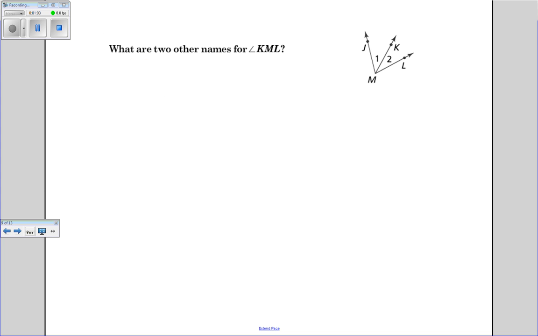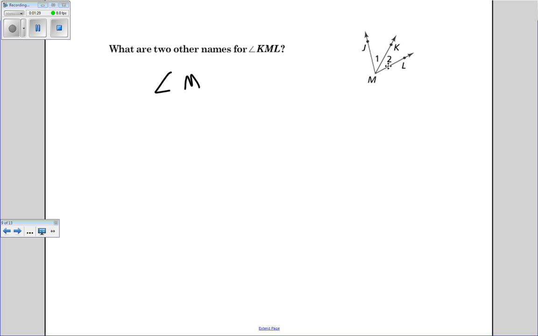So let's practice naming an angle. We're looking for angle KML. So we're looking for this angle in here. The first option is naming by your vertex, which is angle M. Now, is M a vertex only for this angle, or is M a vertex for other angles also?